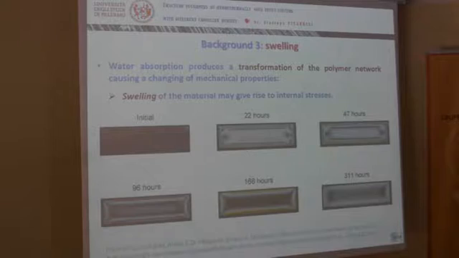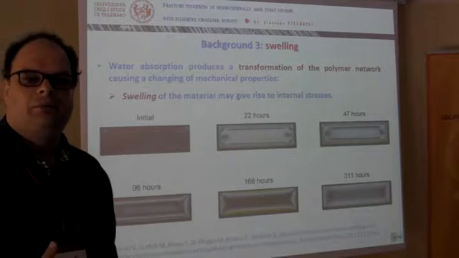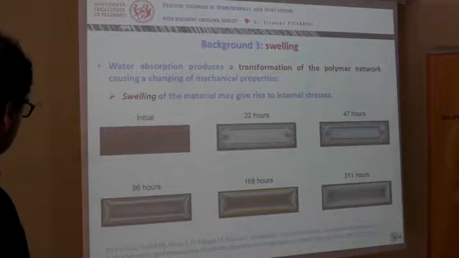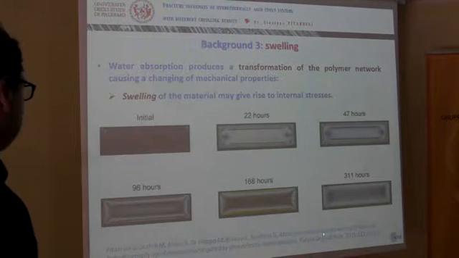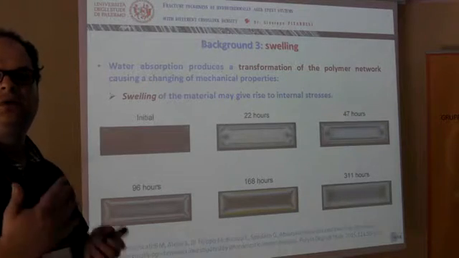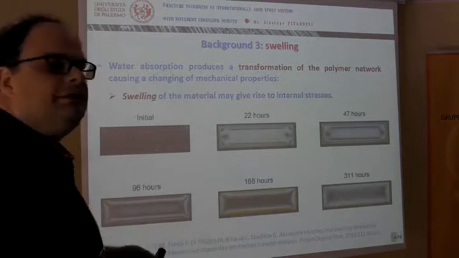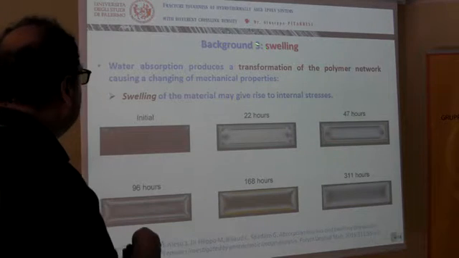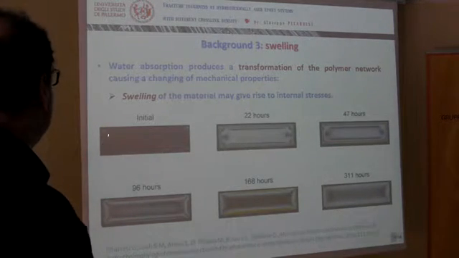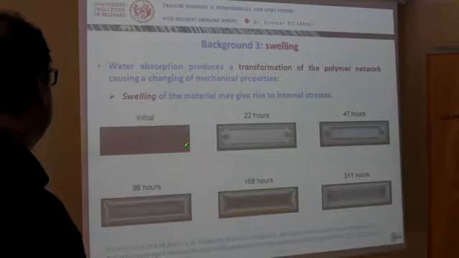A third effect of the water ingress in polymers is swelling of the material. We have recently applied photoelastic stress analysis to monitor the internal stresses arising when the material starts to swell. You can find this in this work. And you can see here there is a slab of epoxy material, a beam of material.